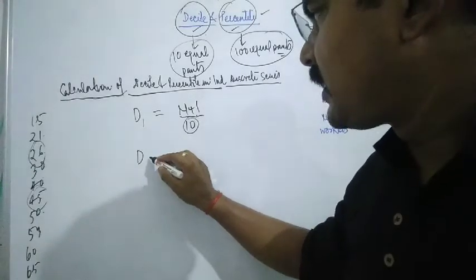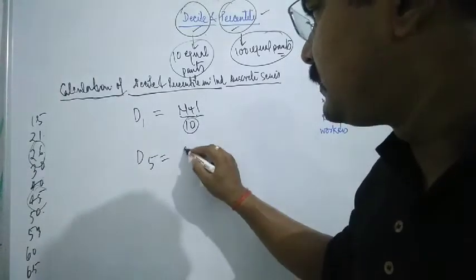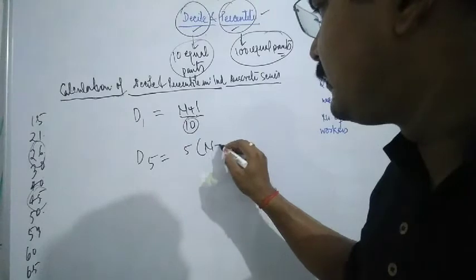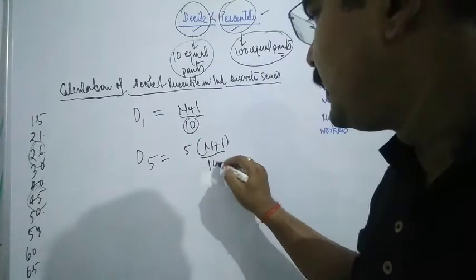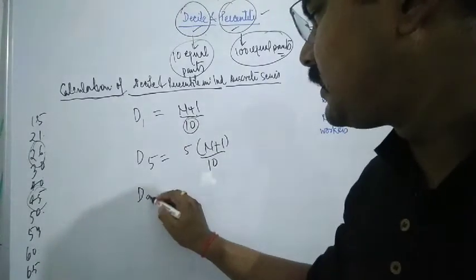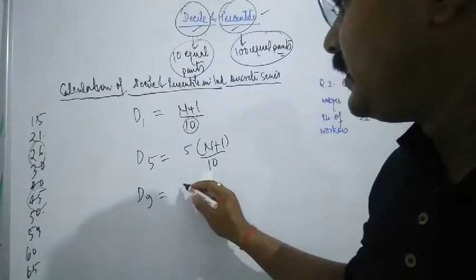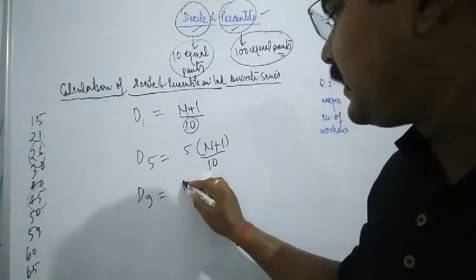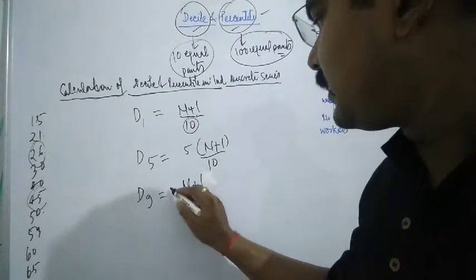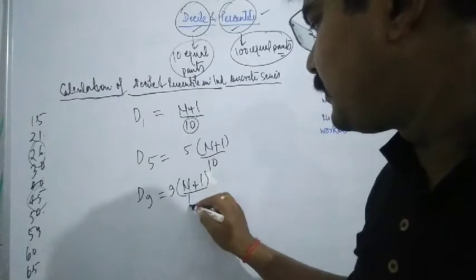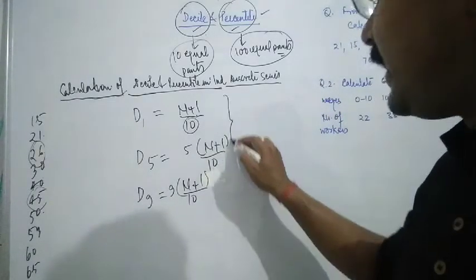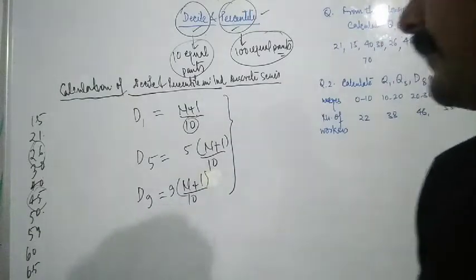Just like D5, it can be calculated as 5 into (n+1)/10. Up to D9 it can be calculated, D10 would not be calculated. So D9 is 9 into (n+1)/10. In this way deciles can be calculated.